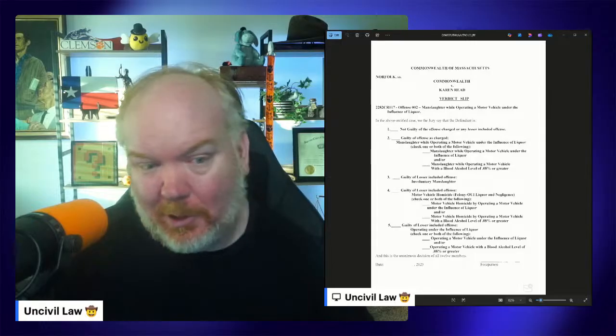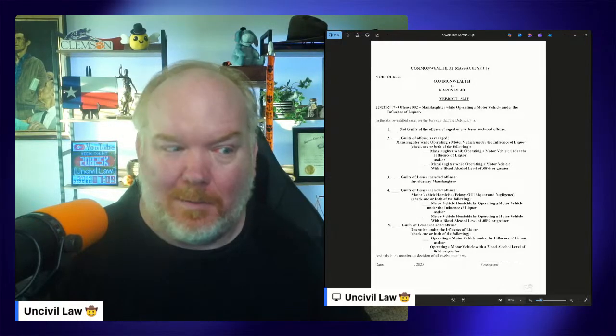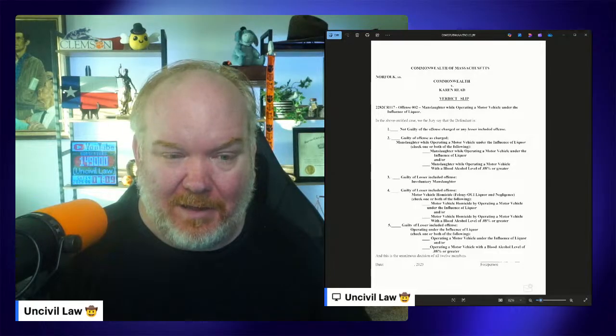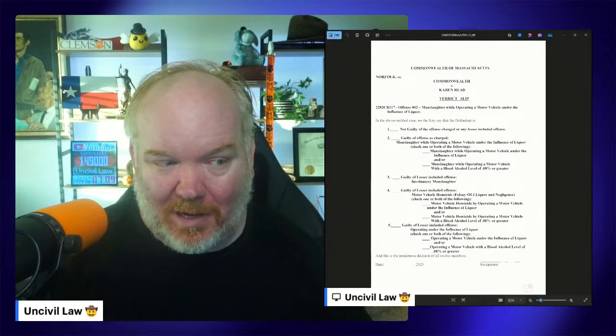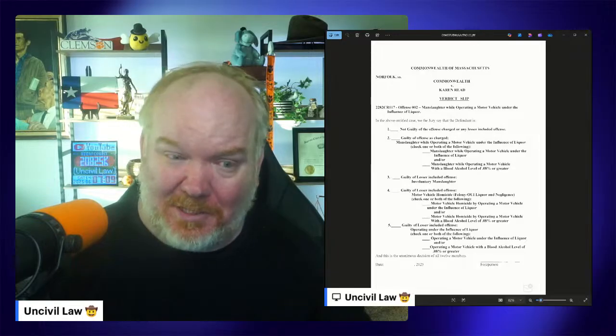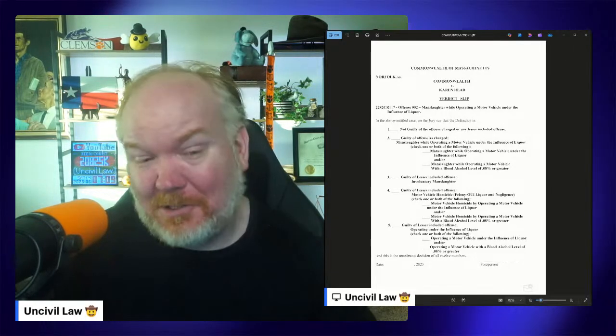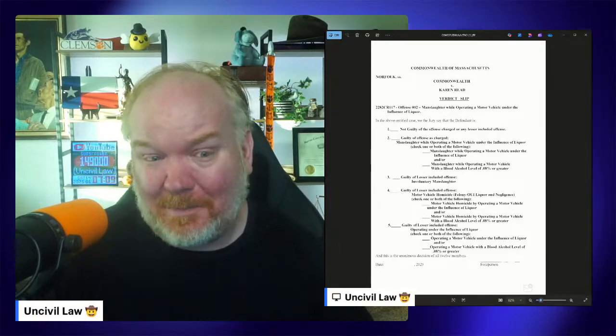So then basically all you have here is you're operating the motor vehicle in a negligent way, which, if the greater offense, manslaughter while operating the motor vehicle, requires recklessness, and simple negligence is lesser than recklessness. So negligence is a lesser of recklessness.